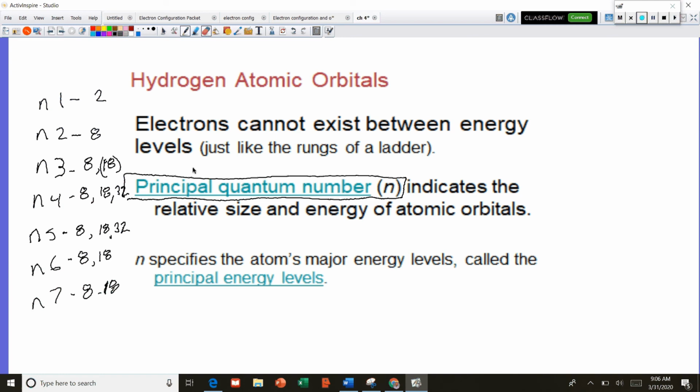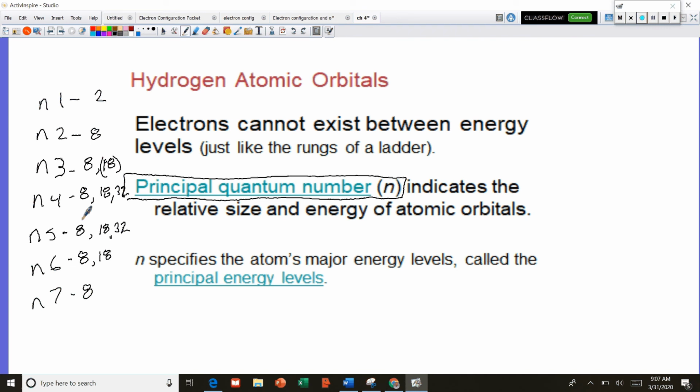And I need to fix something on number 7. Period 7 will have a maximum of 8. So we do see this trend that it goes 8, 8, 18, 8, 18, 32, 8, 18, 32, 8, 18, and then 8. And again, this is the maximum number.